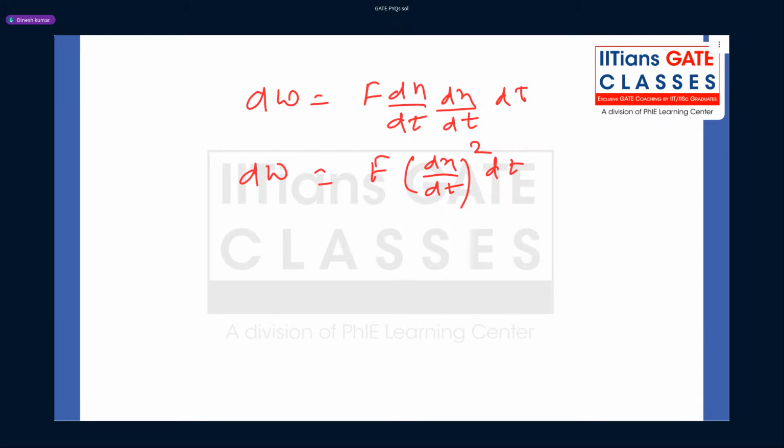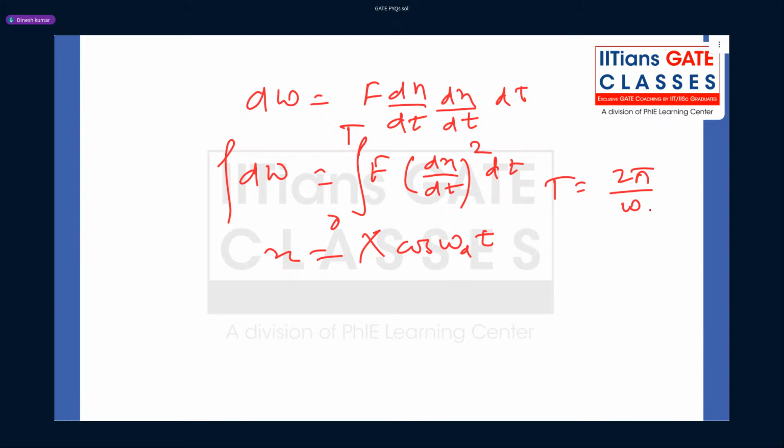Now we want the total work done in a cycle, so we need to integrate from 0 to T. Here x is already given as capital X cos of omega d t, and T will be 2 pi by omega d.